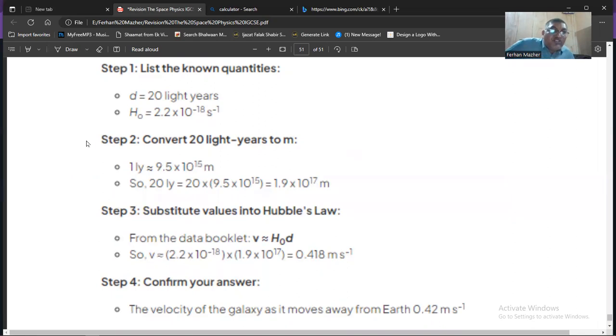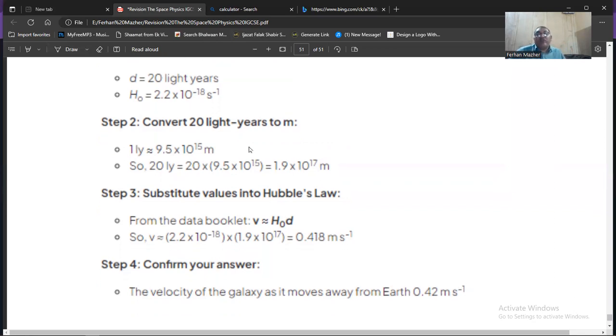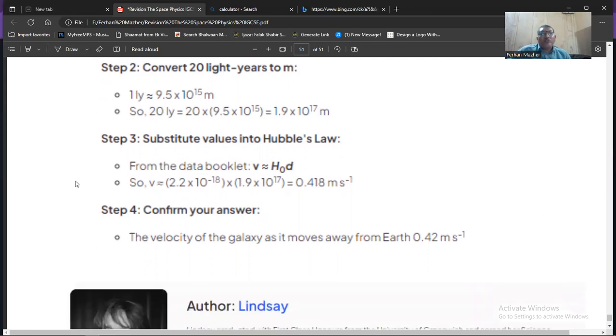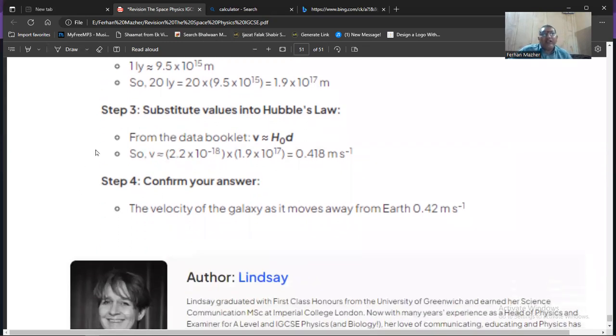So step number 2 is to convert the 20 light years to meters. 1 light year is 9.5 × 10^15 meters, so 20 light years equals 20 multiplied by 9.5 × 10^15. That will be 1.9 × 10^17 meters. So just put the values there from the data booklet.